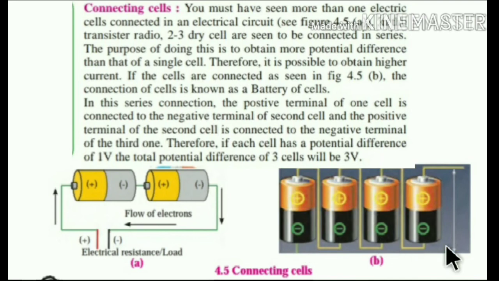Each cell has a potential difference of 1 volt. The total potential difference here is 1, 2, 3, 4. Hence these 4 cells have a potential difference of 4 volt and are connected in series. This is called a battery of cells.